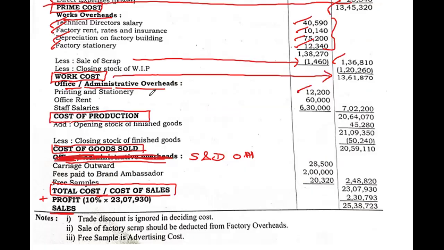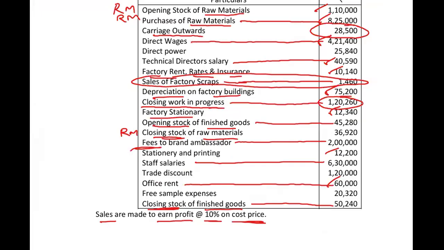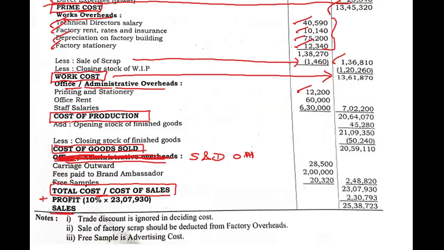And other expenses. Staff salary is given, office rent is given. This will come in where? Sorry, not selling and distribution overheads. It will come in office and administration overheads. Okay, adding this figure, 7,02,200, the cost of production will be there.